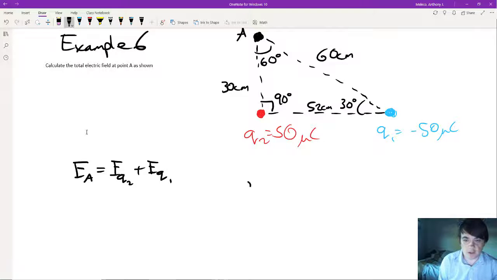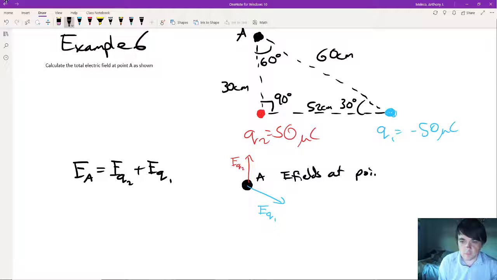And if you look at the free body diagram here, so this would be EQ2, then EQ1 would point like this. It's not really a free body diagram because it's not a force, but this is just what point A looks like. So E fields at point A, that's what these guys look like.